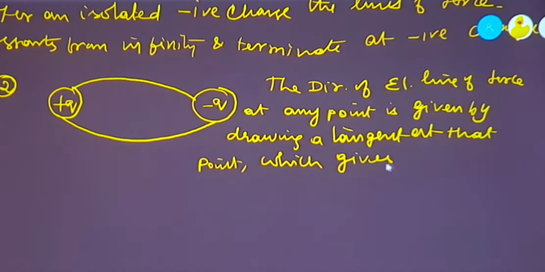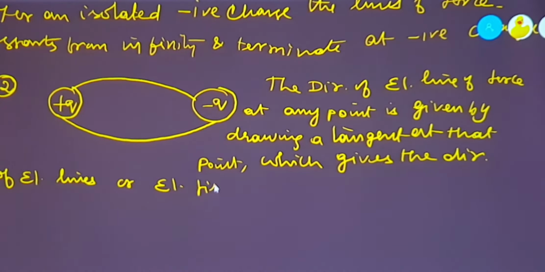Which gives the direction of the electrical lines or electrical field. So what is a tangent? If I want to calculate the direction of the electrical field or electrical lines of force here, draw a tangent. When you are drawing a tangent, then along that tangent the direction of the electrical field is available.